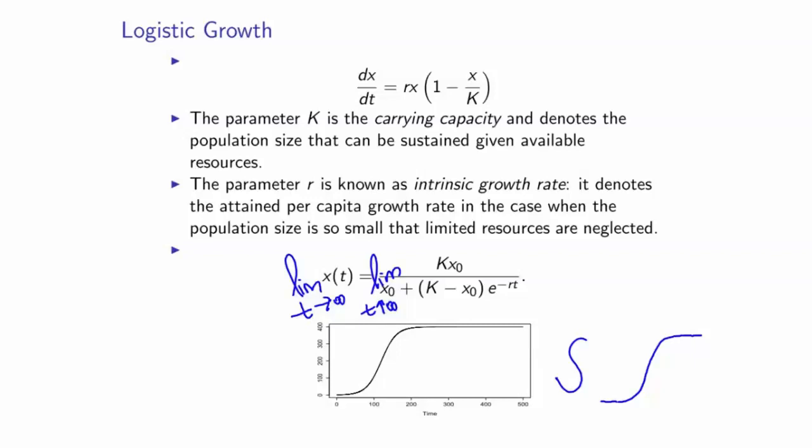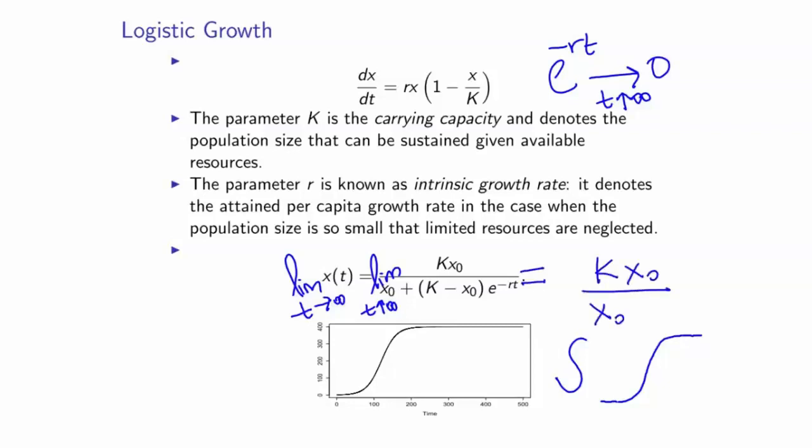We know that e to the minus rt goes to 0 as t goes to infinity, which means that this limit becomes k times x0 over x0, and this becomes k. So basically what we're saying is that x of t approaches the parameter k.